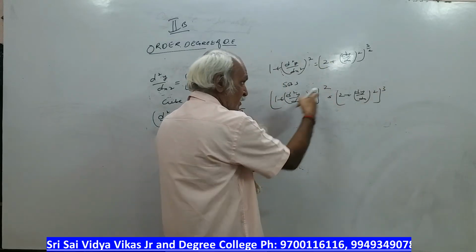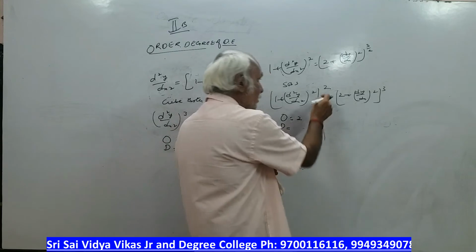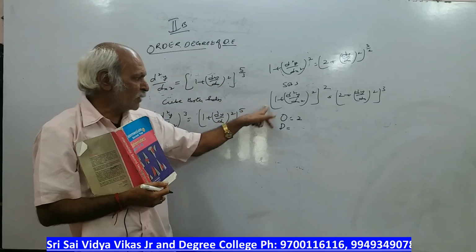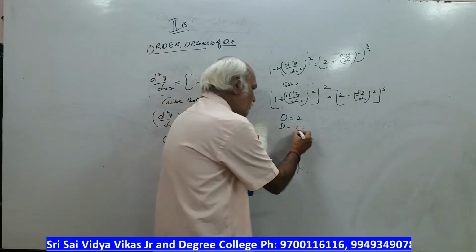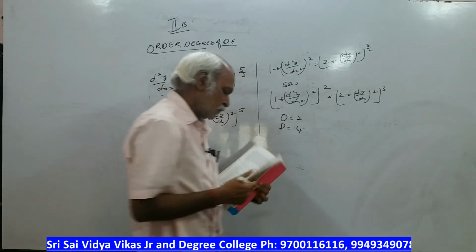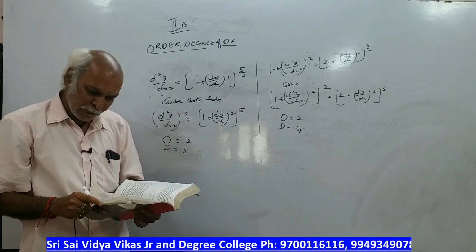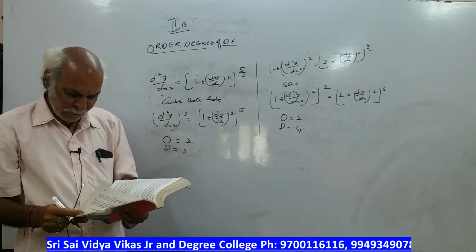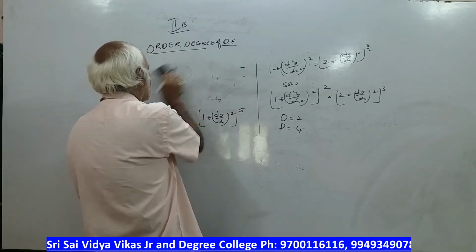Now observe here, what will this become? Order is 2. But what is the degree? Because if you expand, it becomes a plus b whole square, sir. So 2 into 2 is equal to how much? 4. So degree is 4. Right? This is very, very important, sir. Okay, most important is this. Right? These are the problems. Next one. One more problem.